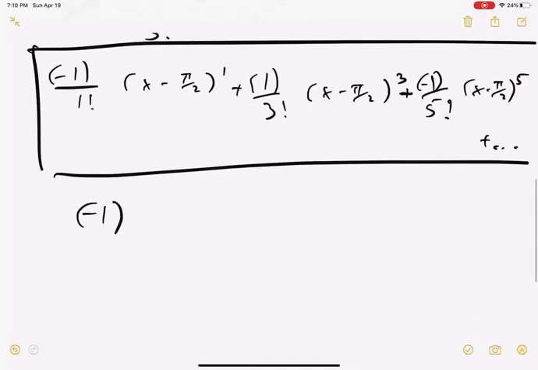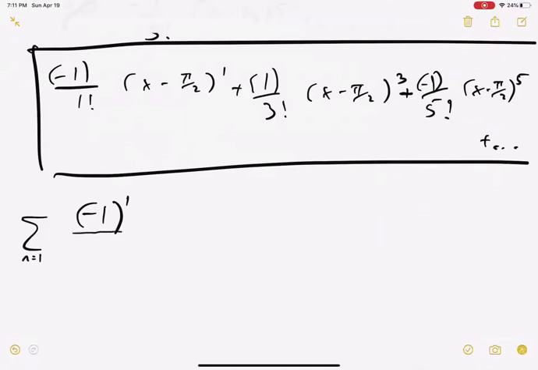And let's see. It starts with a negative, so we could write this as a series starting at 0 or 1. Actually, let's say it started at 1. If it started at 1, then my first term should be negative 1 to the power 1, right?